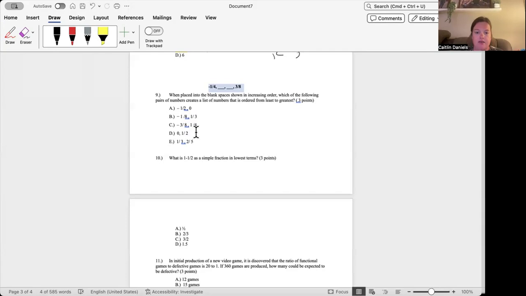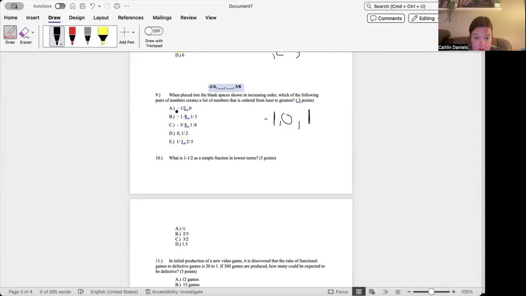Oh, wait, that's not a comma, that's a fraction. So we got negative fractions, positive fractions. Right off the bat, we know that negatives are less than 0 and positives are greater than 0. And any number between 0 and 1 would be a fraction if it's not a decimal.